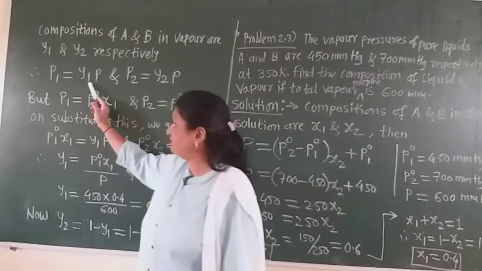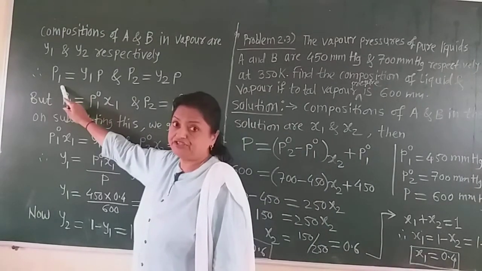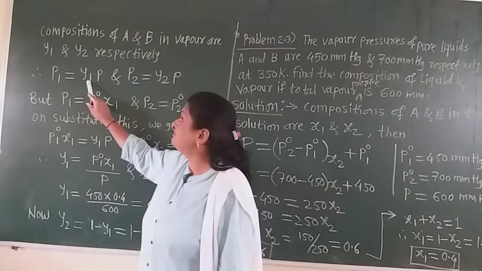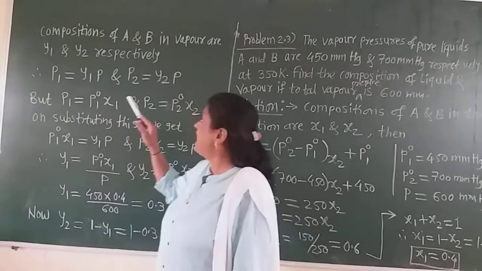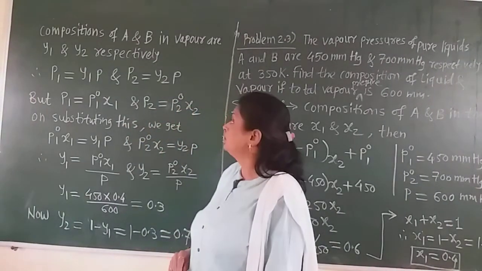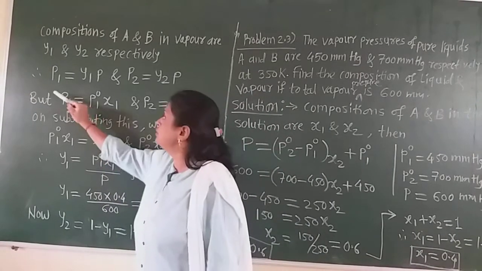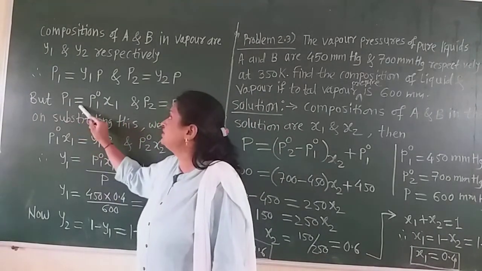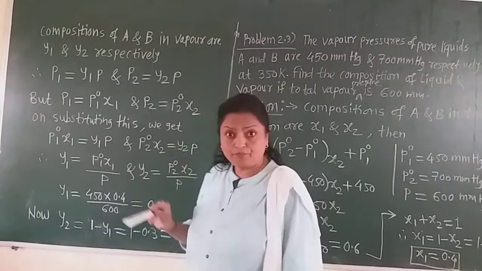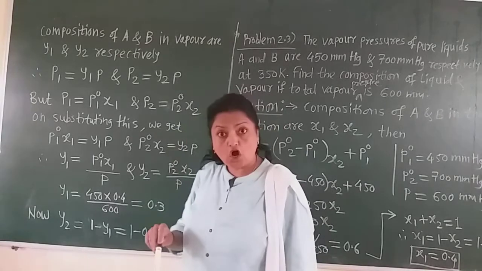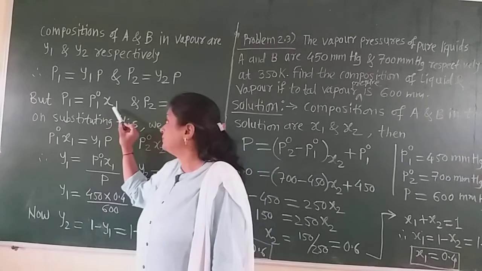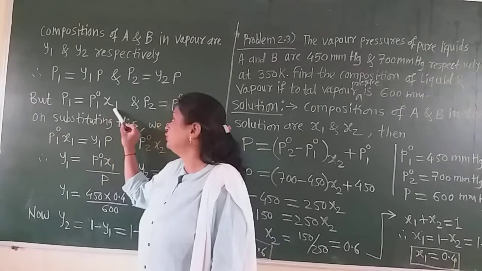We know this equation: P1, the partial vapor pressure of A, is y1 into P, and P2 is equal to y2 into P. But we also know that P1 is equal to P1⁰ x1 and P2 is equal to P2⁰ x2. This is from Raoult's law, that is, the partial vapor pressure is the multiplication of the vapor pressure of the pure component and the mole fraction.